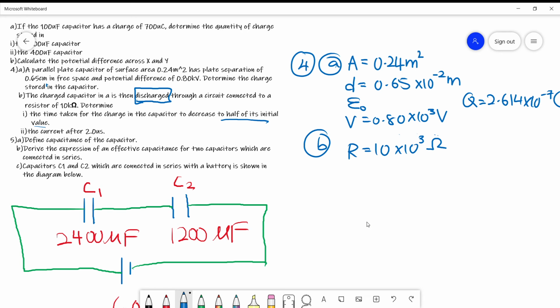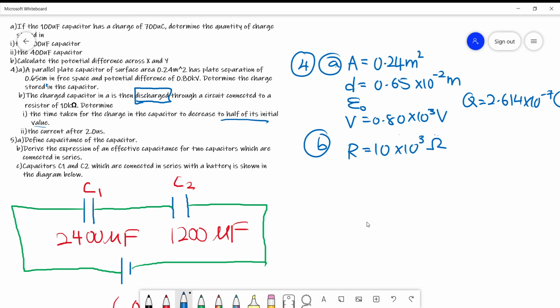So the C just now, what is the capacitance for the capacitor? Epsilon naught is 8.85 times 10 to the power negative 12, and 0.65, because I need the capacitance of the capacitor to answer the next question.